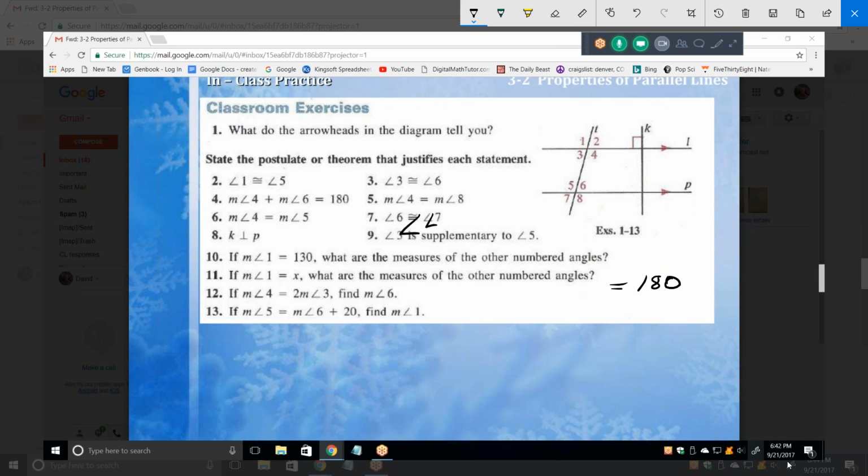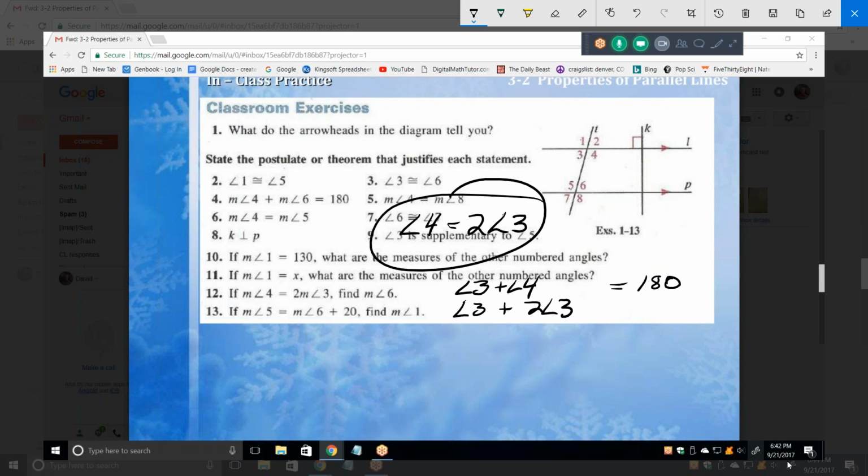Angle 4 is twice the measurement of angle 3. And we know that 3 and 4 are supplementary. So I could say angle 3 plus angle 4 is equal to 180. Now I can say angle 3 plus 2 angle 3's, because of this, has to equal 180.